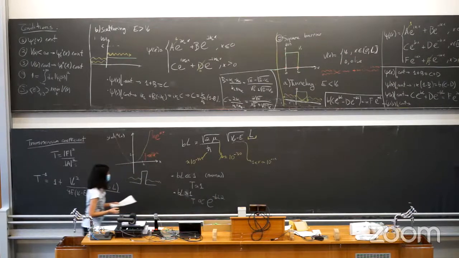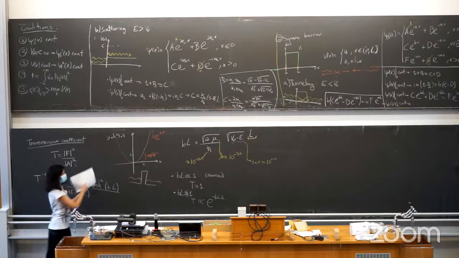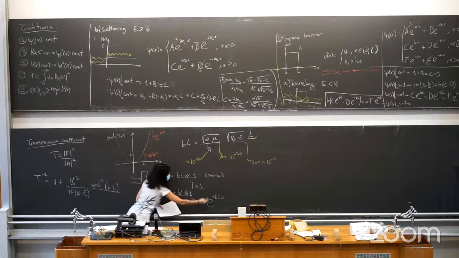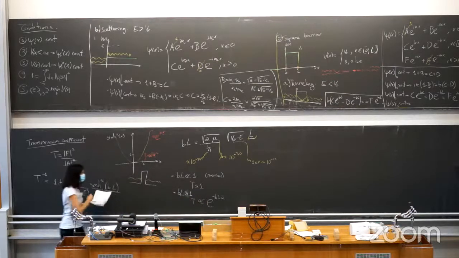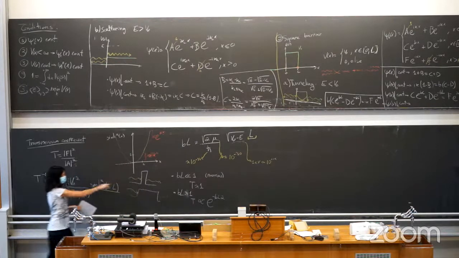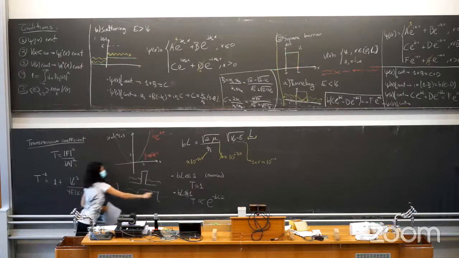So it decreases exponentially with the barrier size. There are some coefficients behind, which depend on V and E and so on. But really, the wider the barrier is, the fewer particles you get on the other side, or the lower the probability of finding a particle on the other side.